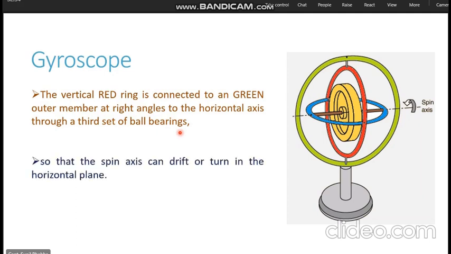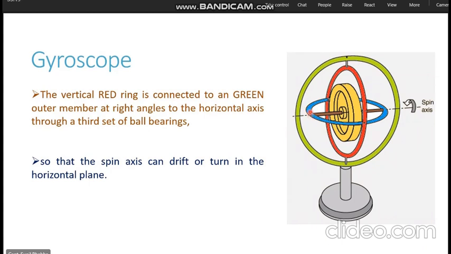And this set of ball bearings, one fitted on top here, connecting the red ring with the green outer member, and connecting the red vertical ring with the green outer member, they allow the spin axis to move in the horizontal plane.